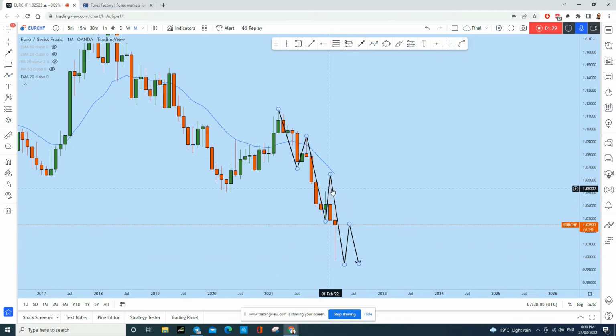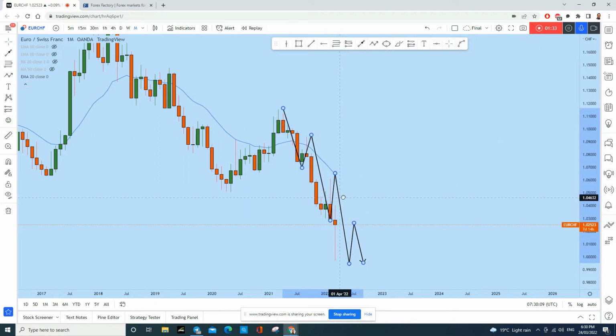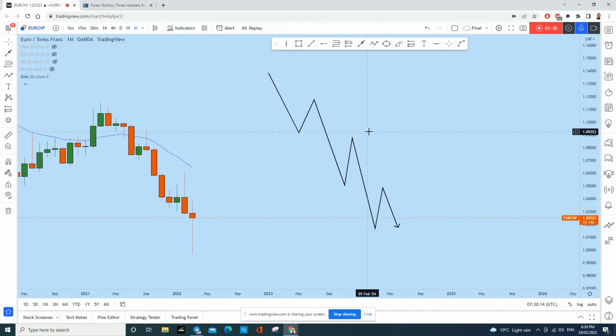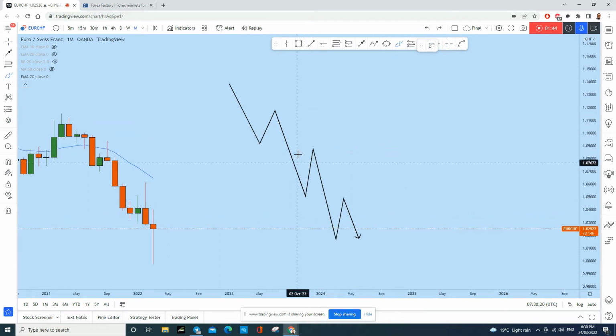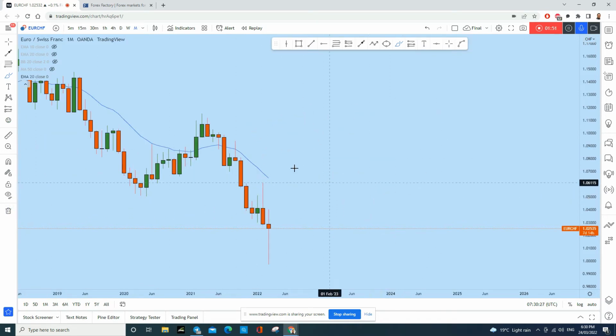So this is basically a downtrending market structure, creating a series of lower high and lower low. This is the only way you can define a market structure, when the price creates a series of lower high and lower low. So on the bigger picture, Euro CHF is in a downtrending market structure.